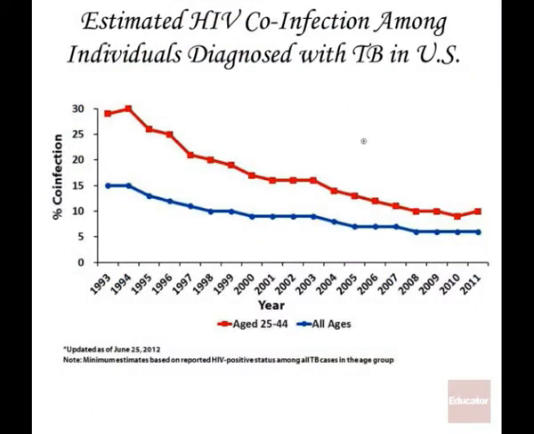So here is a graph of the percent of co-infection of individuals who are HIV positive in relationship to also having diagnosed TB. And you can see here again in the early 90s, the co-infection percentage was pretty high.